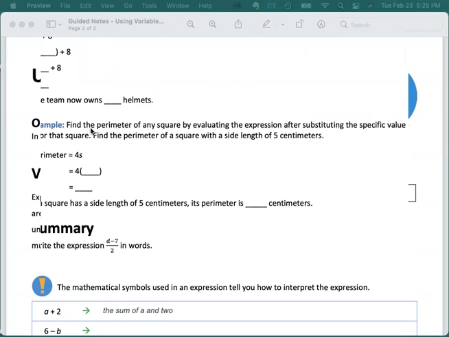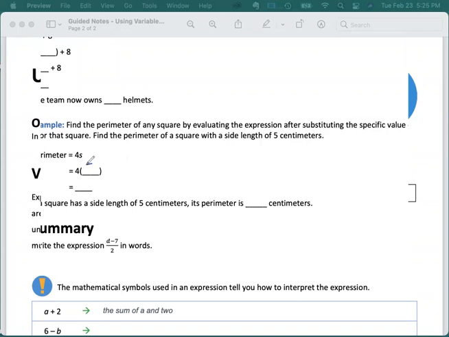Okay, another problem. Find the perimeter of any square by evaluating the expression after substituting the specific value of s for that square. So there's 4 sides, s is the length of the side. And if it says the length of the side is 5 centimeters, we're going to plug in 5 for s.